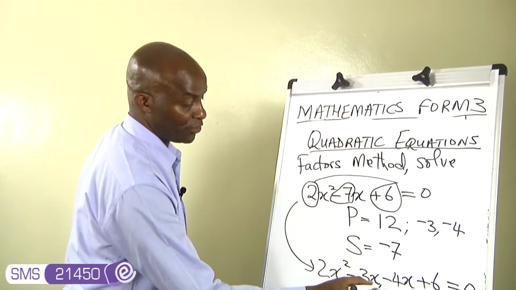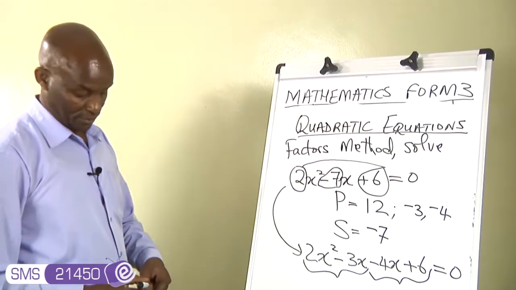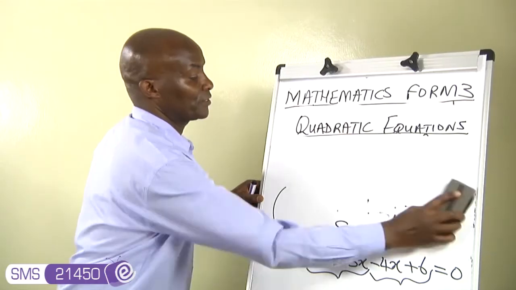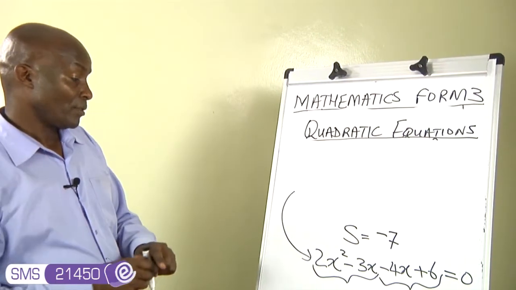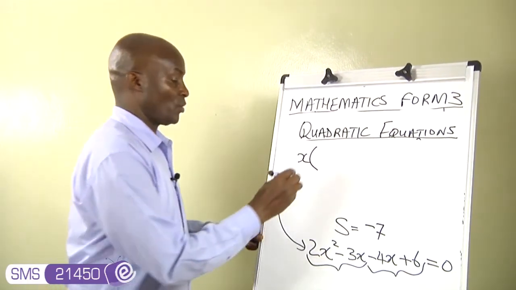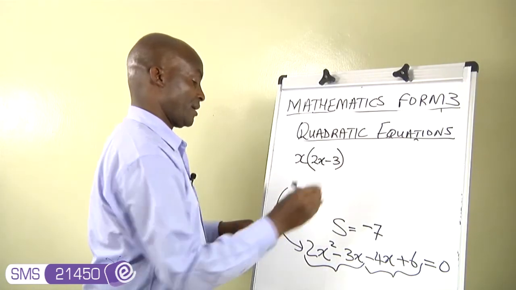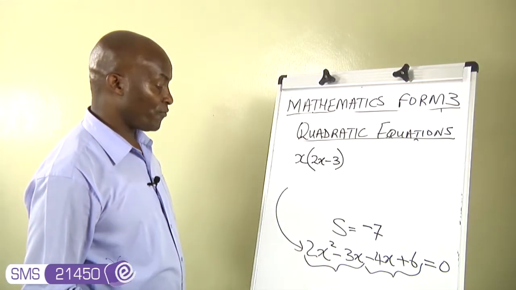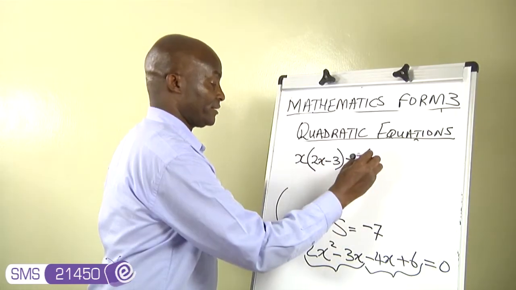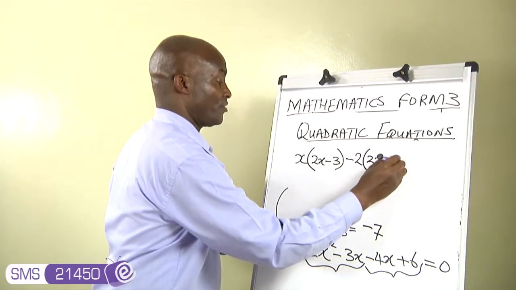Then we say factorize the pairs. When you do that, the common factor here is x, of course. So inside the bracket, we will have 2x minus 3. And then for the next pair, the common factor will be negative 2, and inside the bracket, we will have 2x minus 3.